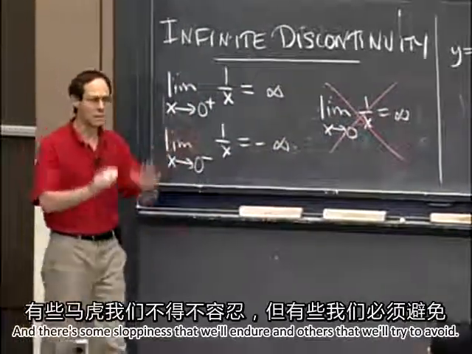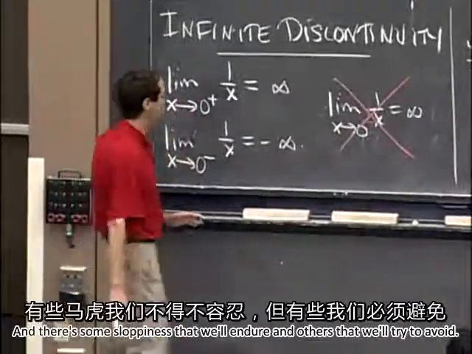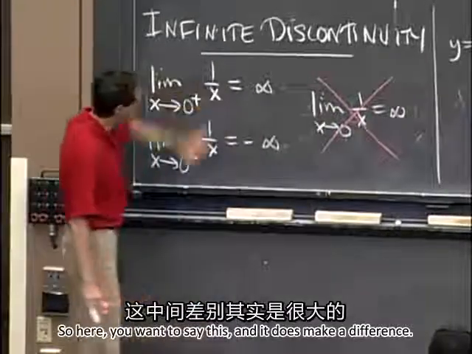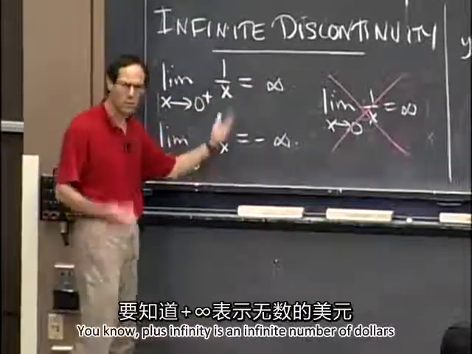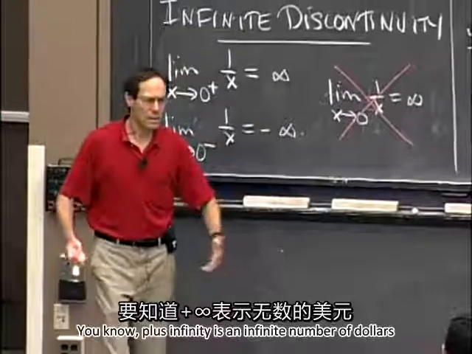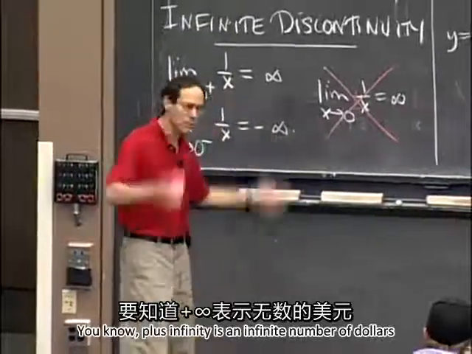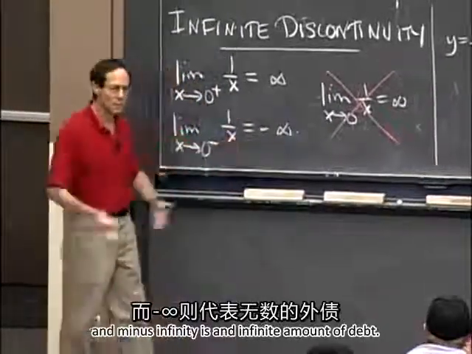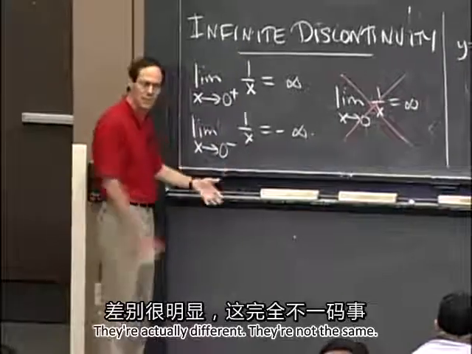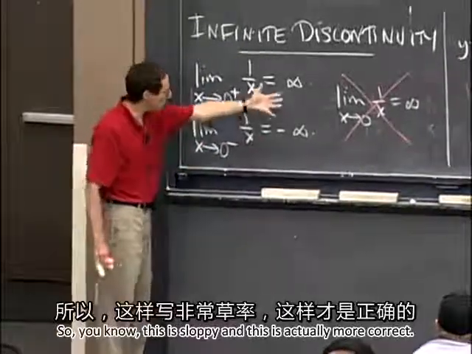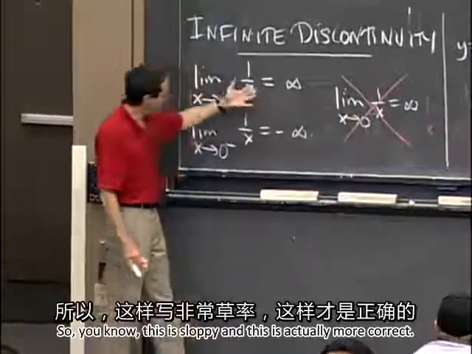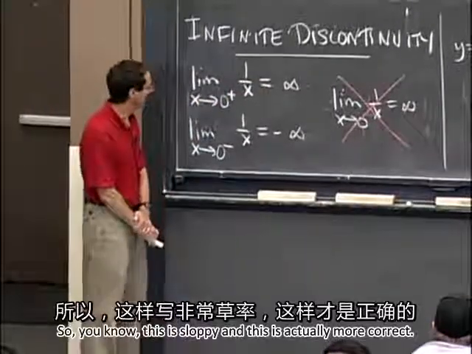And there's some sloppiness that will endure and others that we will try to avoid. So here you want to say this, and it does make a difference. You know, plus infinity is an infinite number of dollars, and minus infinity is an infinite amount of debt. They're actually different. They're not the same. So, you know, this is sloppy, and this is actually more correct.